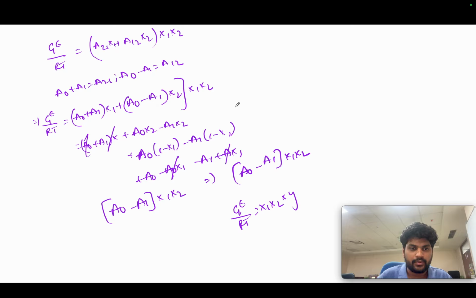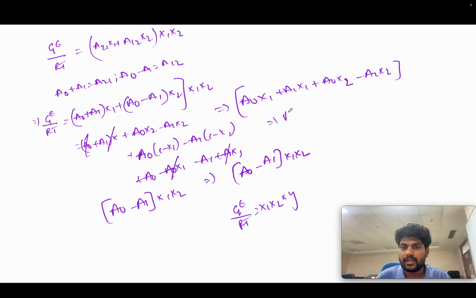So from here what we got was a0 x1 plus a0 x1 minus a0 x1. So a0, yeah, we got a0. From here what we do was a0 x1 plus a1 x1 plus a0 x2 minus a1 x2.